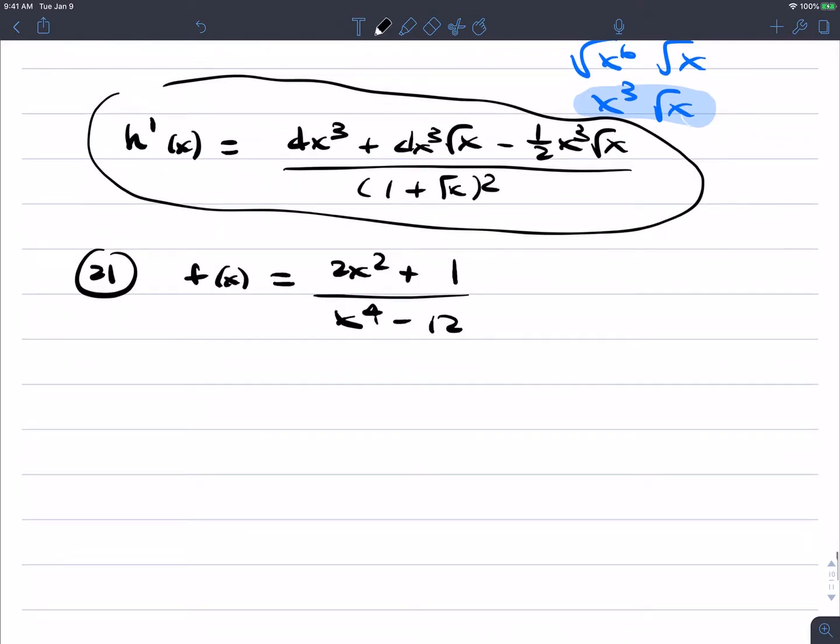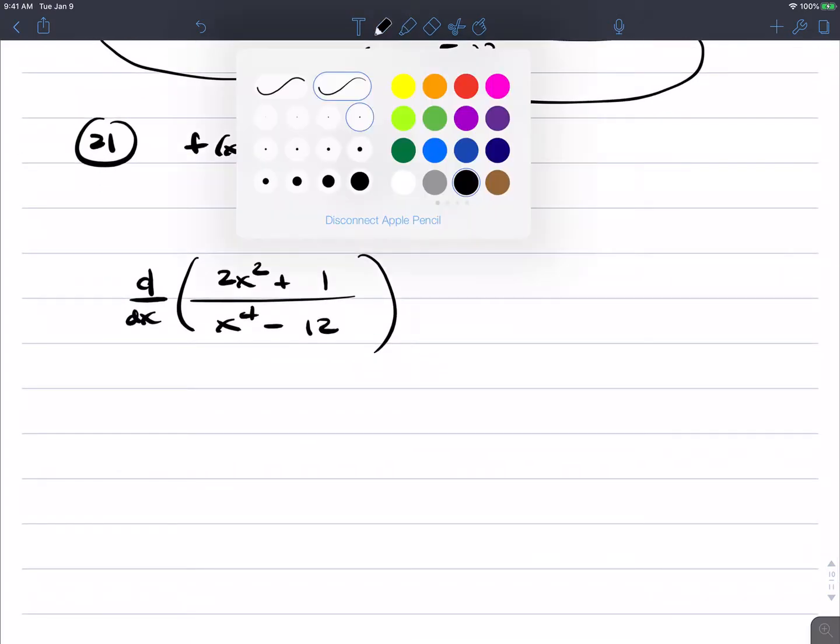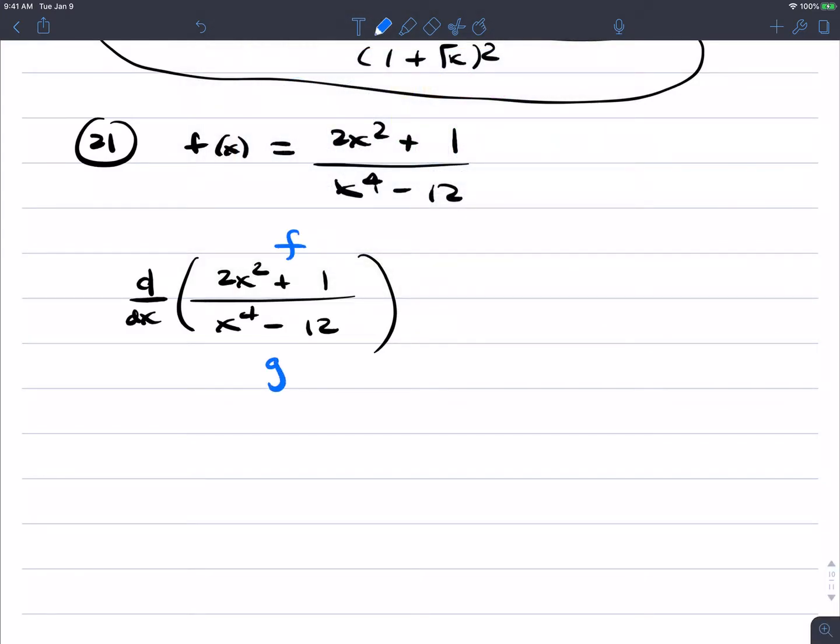So when we use the quotient rule, d/dx of 2x squared plus 1 over x to the 4th minus 12, let's be careful, operator notation. It's g squared in the denominator, and g times f prime minus f times g prime.